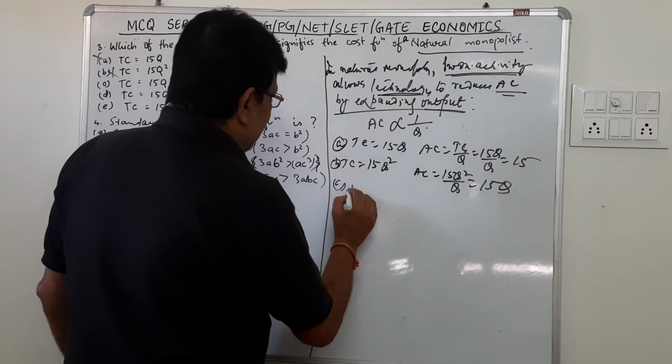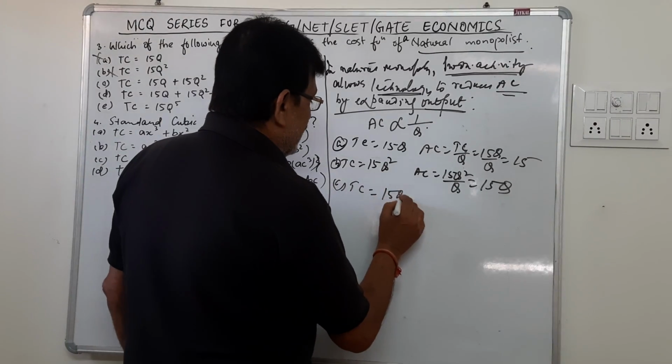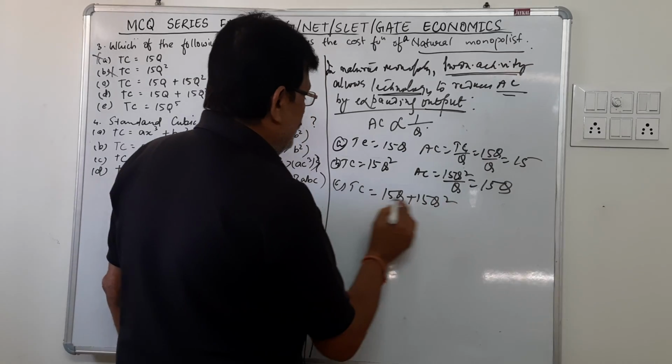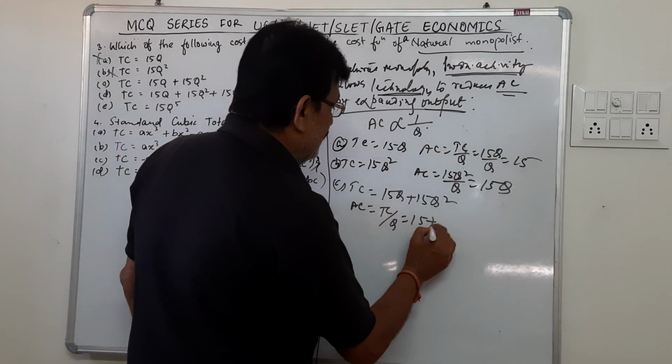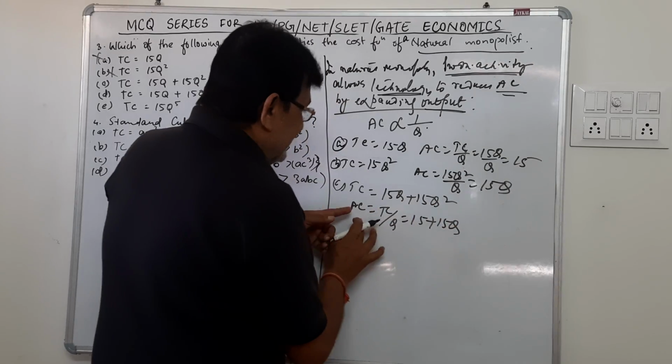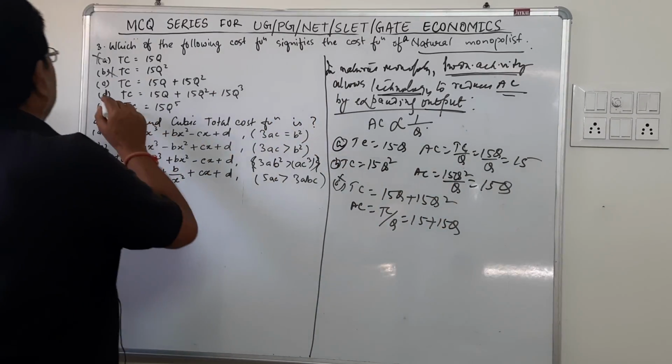Third is TC 15Q plus 15Q square. So AC is TC by Q, 15 plus 15Q. So AC is directly proportional to output. So C is also not the answer.